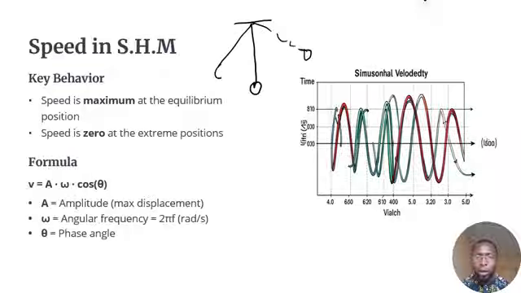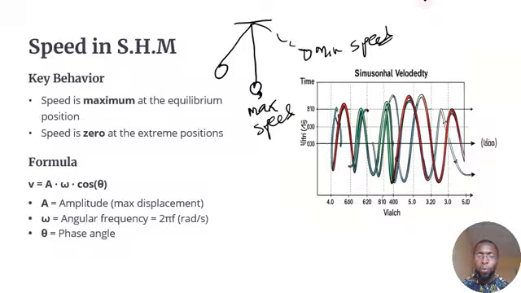At this point, we have maximum speed, while at the extreme parts, we have minimum speed, here and here. So speed is zero at the extremes, while it is maximum at the equilibrium position. Take note of these key behaviors of speed in simple harmonic motion.